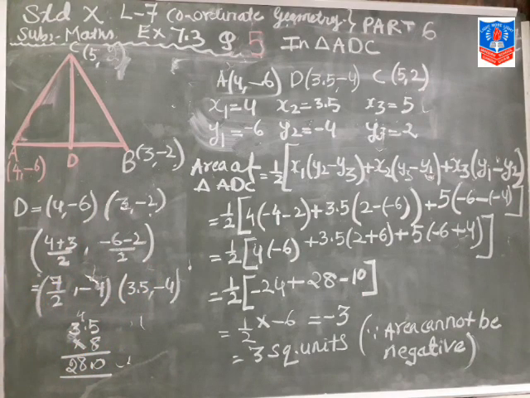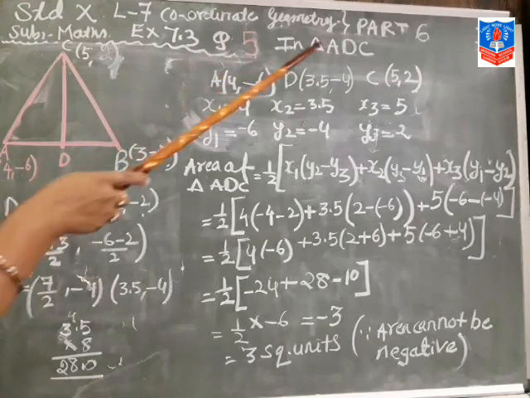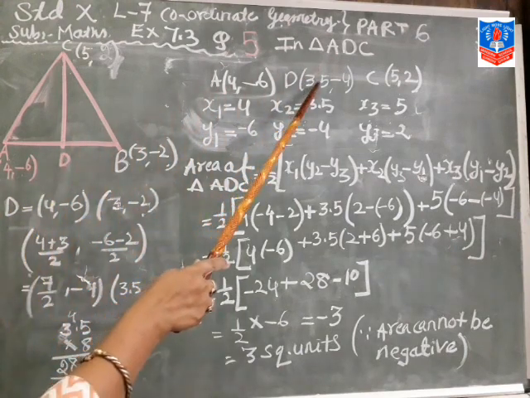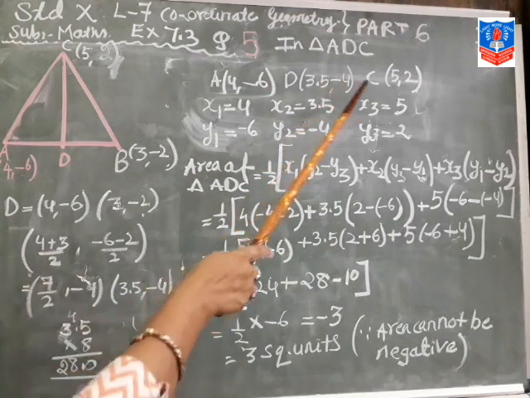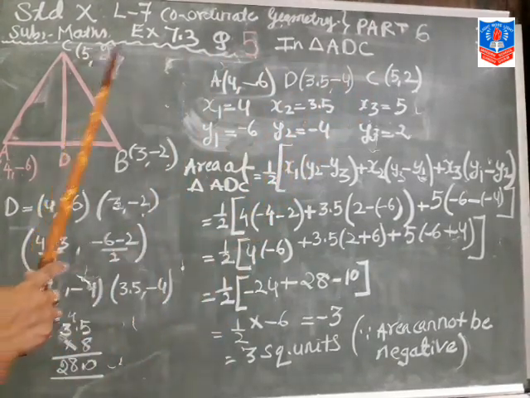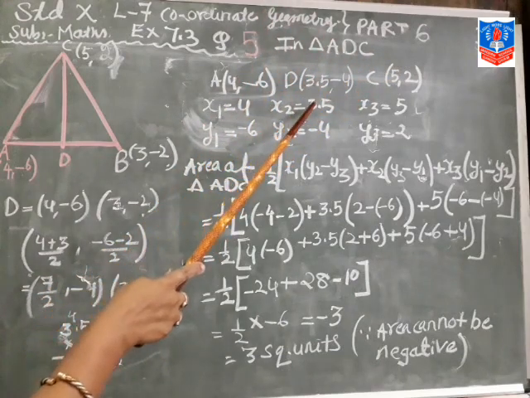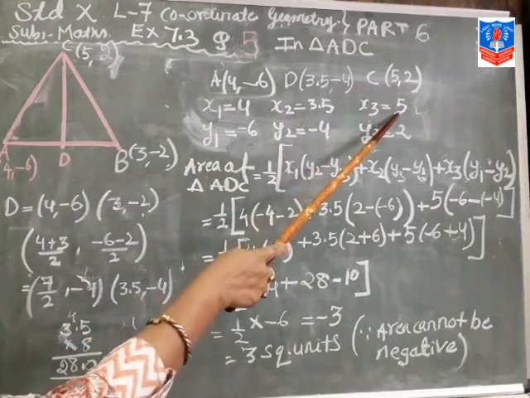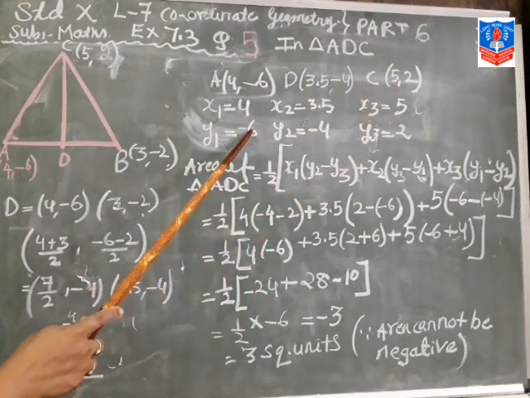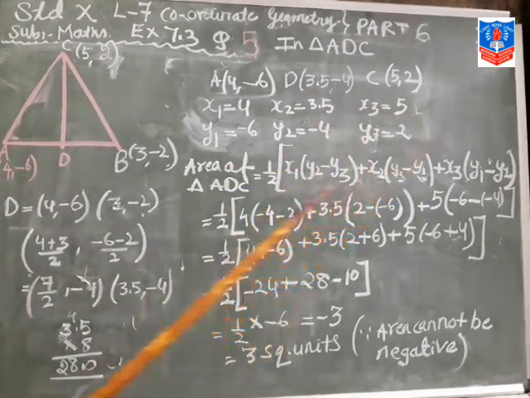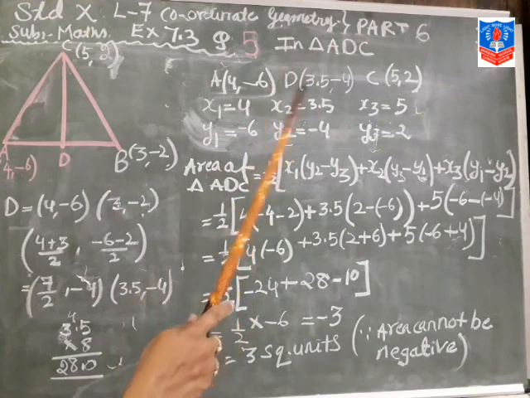Clear children? Now in triangle ADC, the coordinates of A are 4 comma minus 6, D is 3.5 and minus 4, and C is 5 comma 2. Clear? Now x1 is 4, x2 is 3.5, x3 is 5. y1 is minus 6, y2 is minus 4, y3 is 2. Clear? Now the area of ADC.